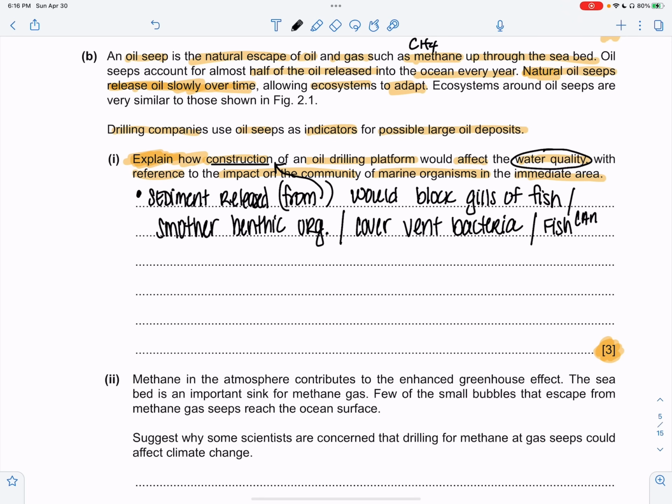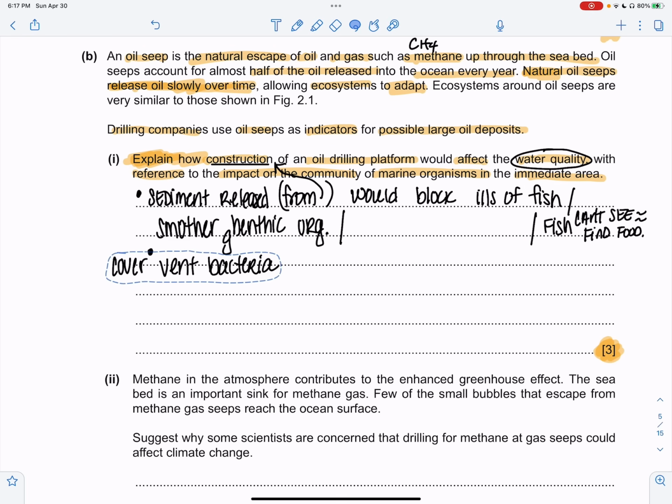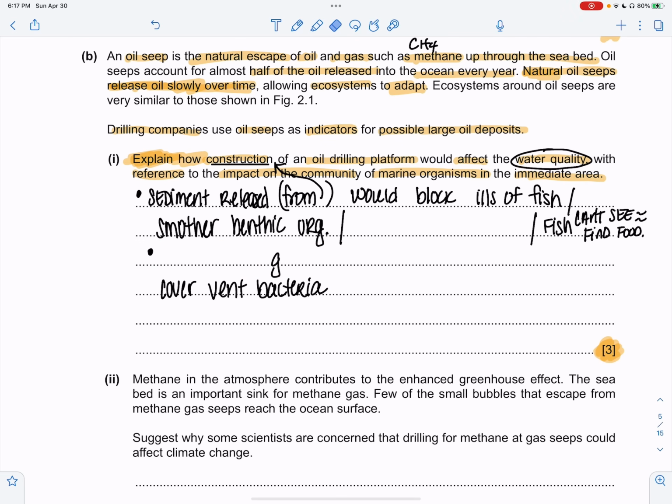Fish can't see, and so therefore they can't find food. And this cover or smother vent bacteria. Actually, should go right here. Let me get rid of that.